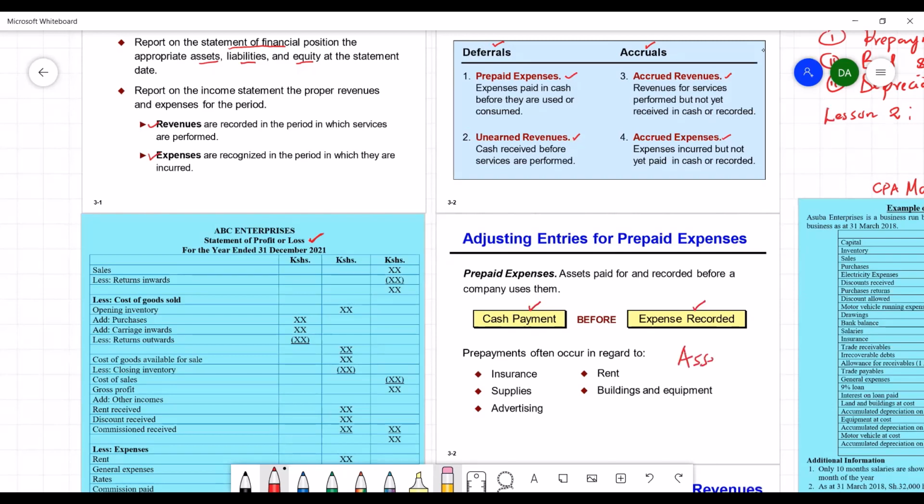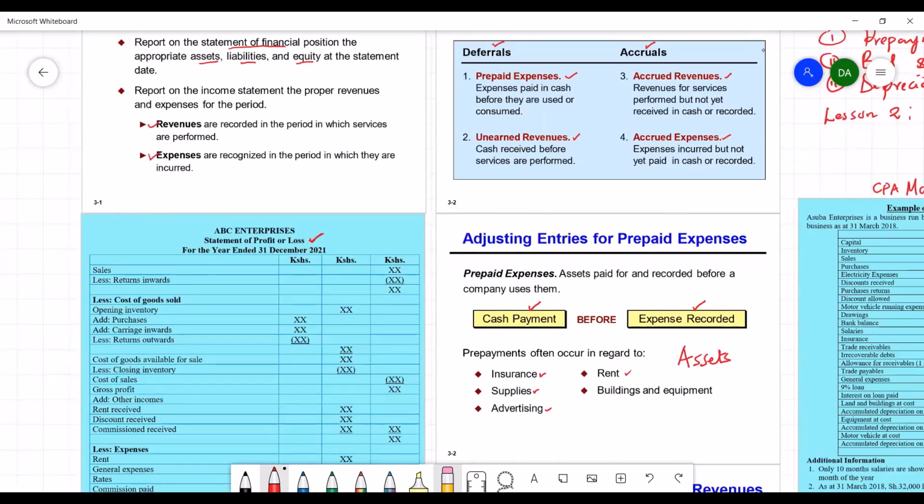These are assets in the statement of financial position. So the items which are commonly prepaid include insurance, supplies, advertising, rent, and sometimes buildings and equipment.